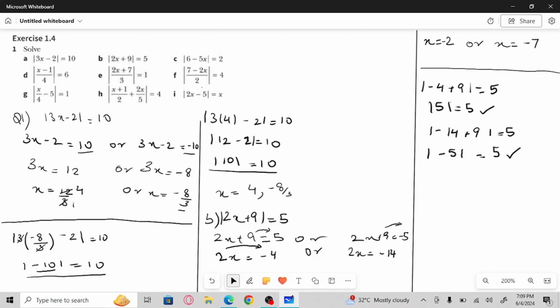This is again correct, as modulus will turn the negative value into a signless value, which we assume as positive. So again, the two values of x are x equals negative 2 and x equals negative 7. Let me clear the board for part C.